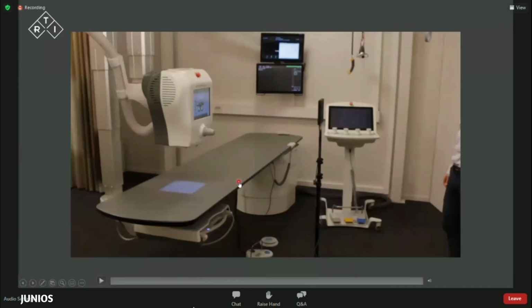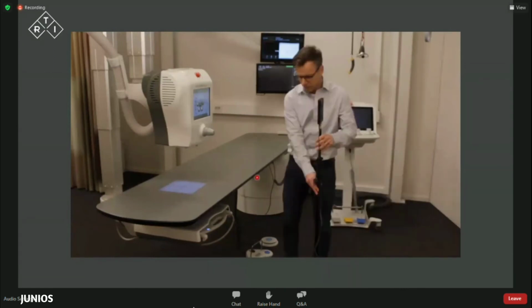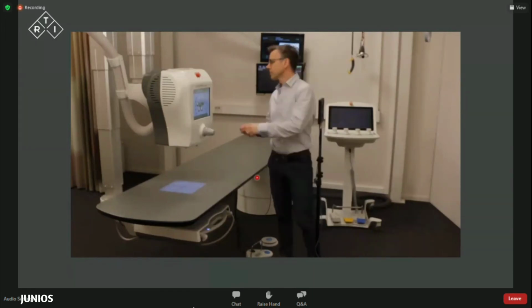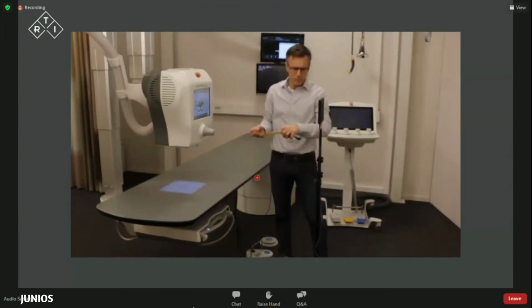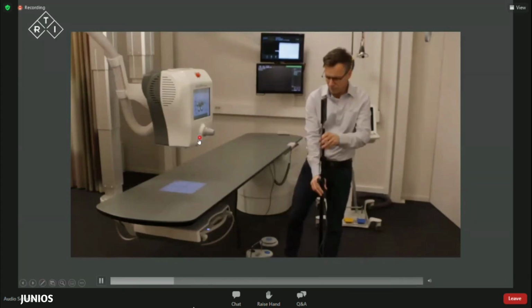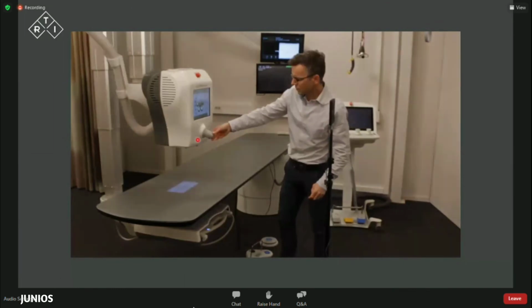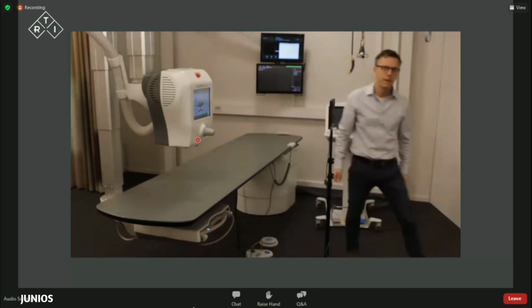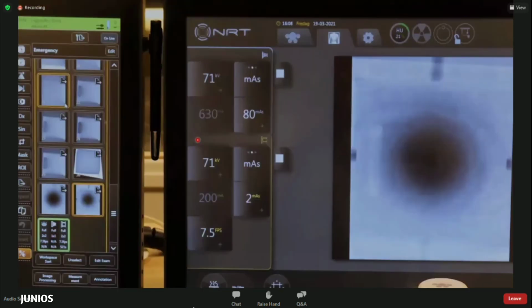In preparation for the leakage measurement, we place the scatter probe at a 1 meter distance from the focal spot. And then the collimator is closed. An exposure is made using appropriate technique settings.